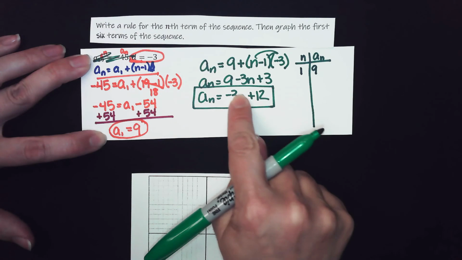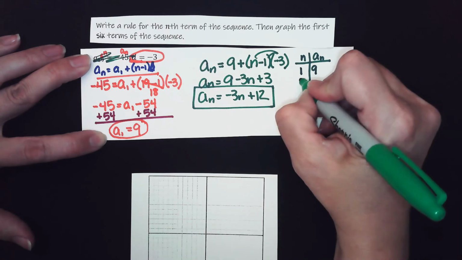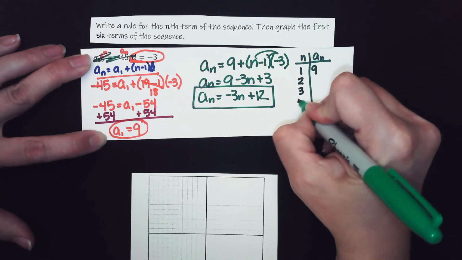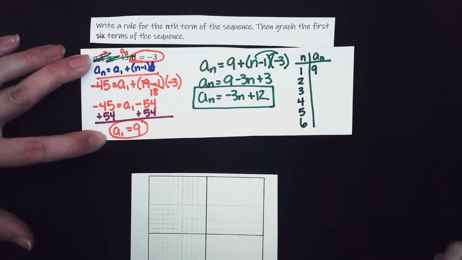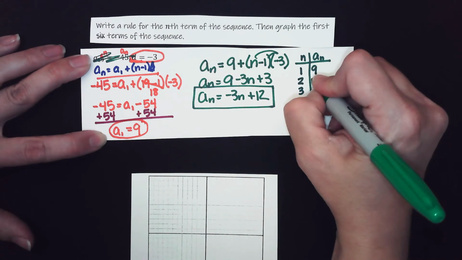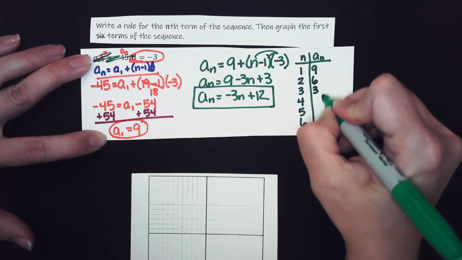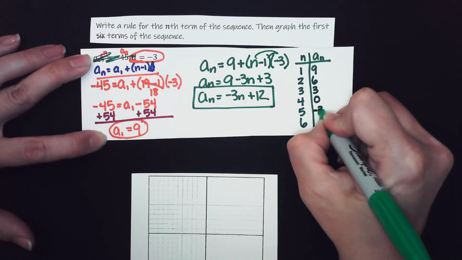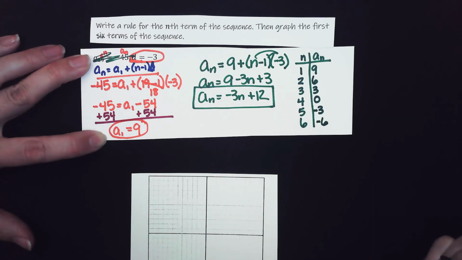This -3 just means I'm subtracting 3 each time. So if I subtract 3, I get 6, 3, 0, -3, and -6.